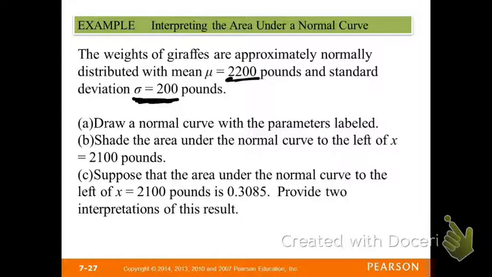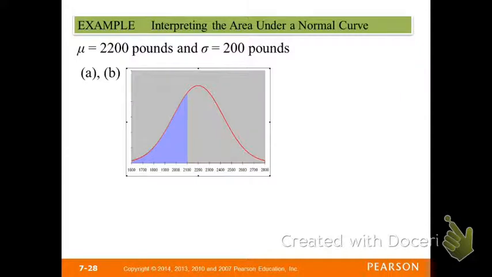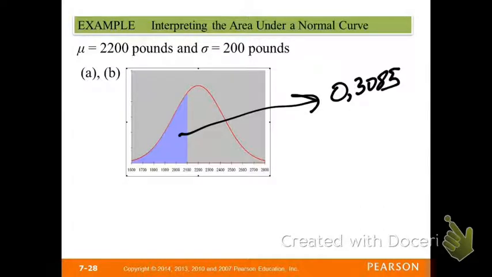Now you are going to be asked to do this in some homework problems. Two interpretations of that result. Well, let's look at the graph. There's the graph. Okay? And what they just told us is that the area of this shaded region right here is 0.3085.